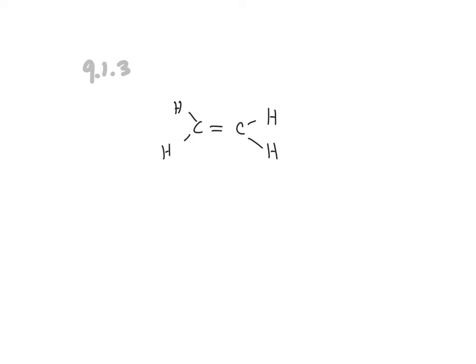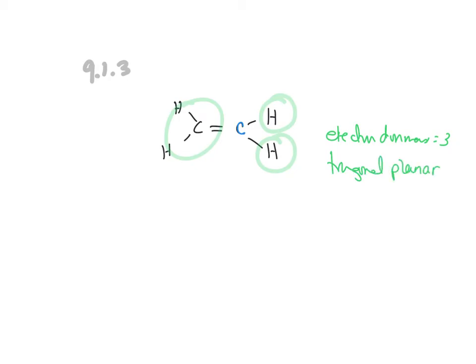And so you look at this carbon here and you say how many bonding groups or electron domains are there. There's 1, 2, 3. And there's 3 of them. And so that's trigonal planar. There's no lone pairs, so the molecular geometry is the same.